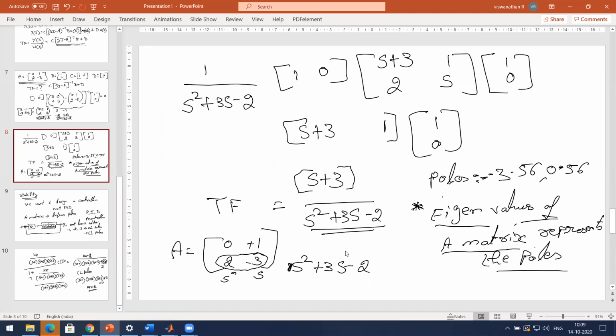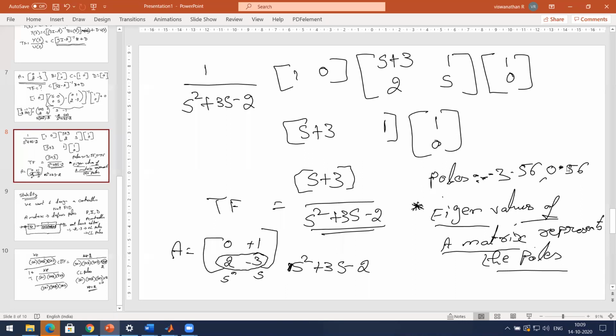No, sir. Why not? Because the pole at 0.56 is on the right side of the s plane. So that is why it's not stable.